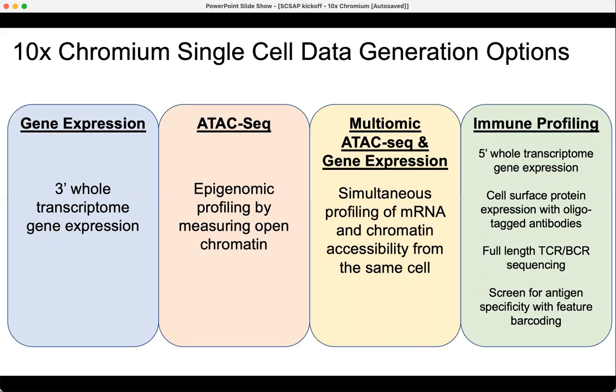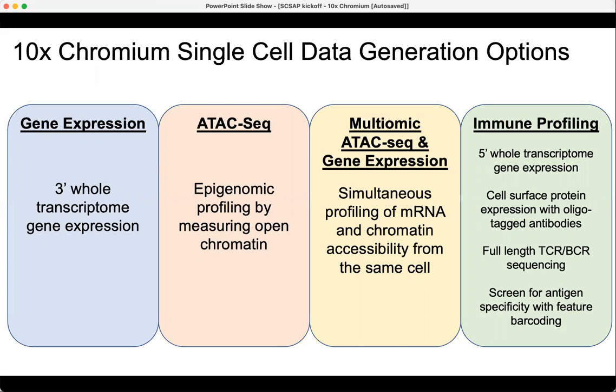We have ATAC-seq, which is single cell epigenomic profiling, looking at regions of open chromatin. 10x has also released this cool multi-omic platform where you can do simultaneous ATAC-seq and gene expression analysis. Here we're doing simultaneous profiling of both mRNA expression and chromatin accessibility in the same cell, really giving you an idea about how epigenetic regulation might be driving single cell level gene expression.